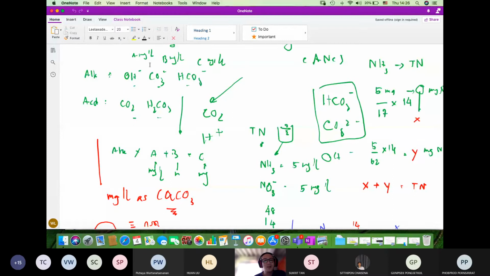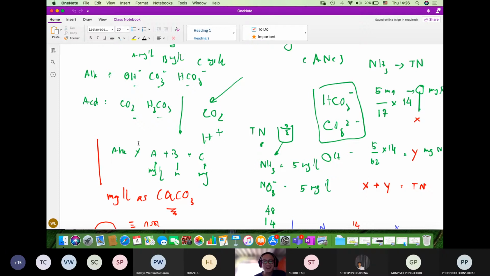So they are all reported in milligrams per liter. But if I ask you what is the value of alkalinity measured from this sample, of course it's not equal to A plus B plus C. Do you know why?